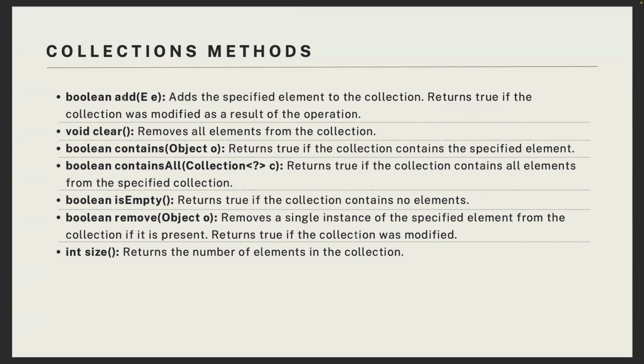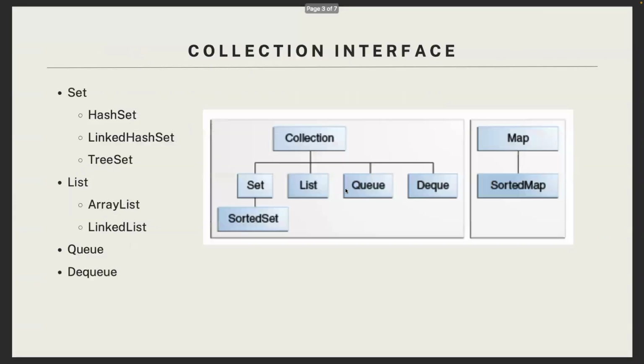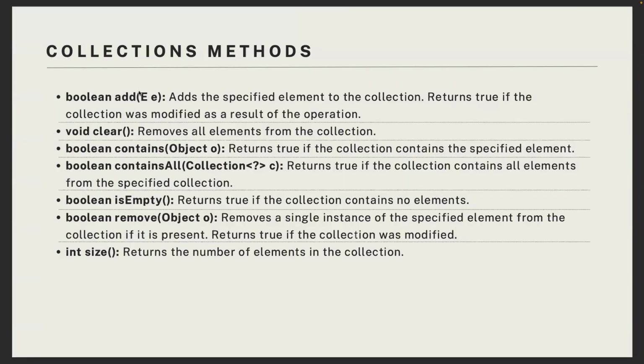Like if I say, hey, we have a new student, I bring in that new student, and they sit in that last chair. So I added a new student to the class, right? So basically, with the help of the add method, we add new elements to the collection. Since list is part of the collection interface, list interface also has the add method.